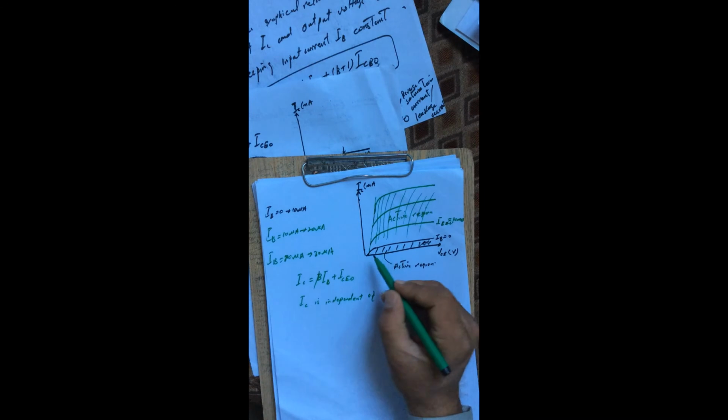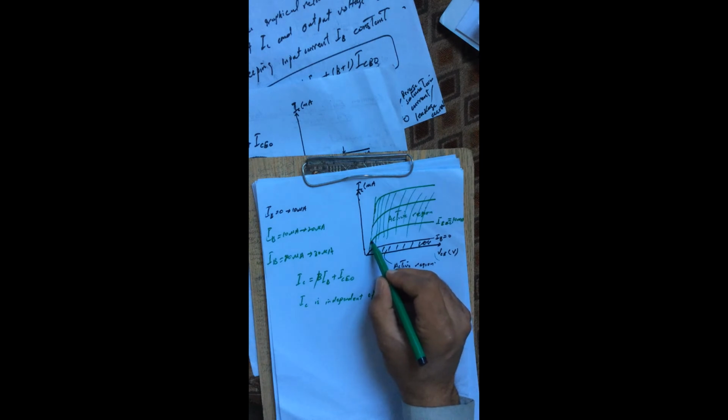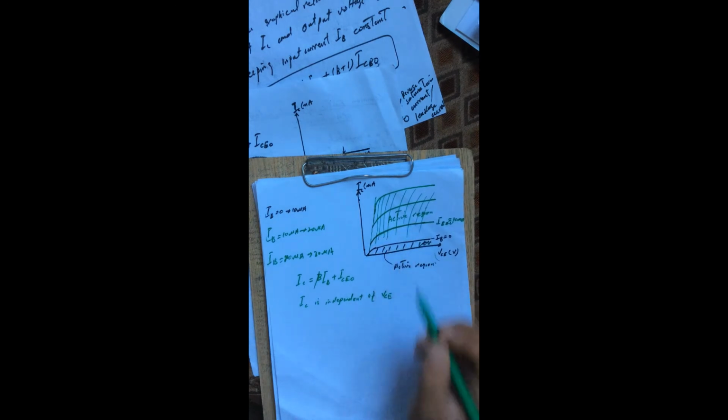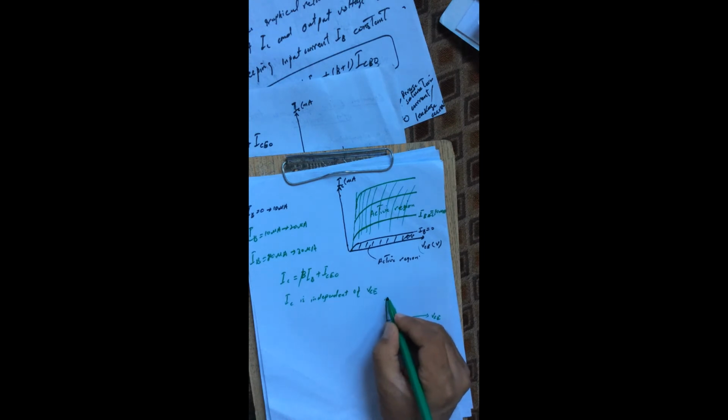But if I look here, we can see that as we increase VCE, IC also increases a little bit, because the graph looks like this: VCE, and this is IC. It varies like this. So there is a change in IC with change in VCE. Why?